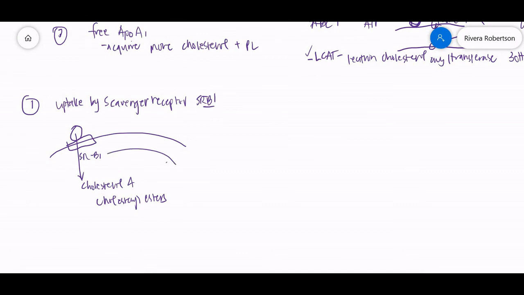Now your SRB1 is upregulated sa cells na kailangan ng cholesterol for biosynthetic purposes, like for example yung paggawa ng hormones or vitamin D. Ayan. Or kapag kailangan mo nung paggawa ng membrane. Okay? So, that's one of the fates, no?